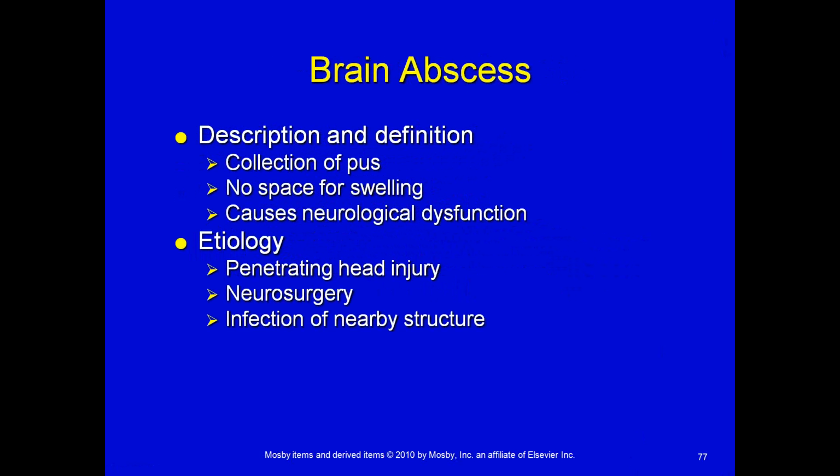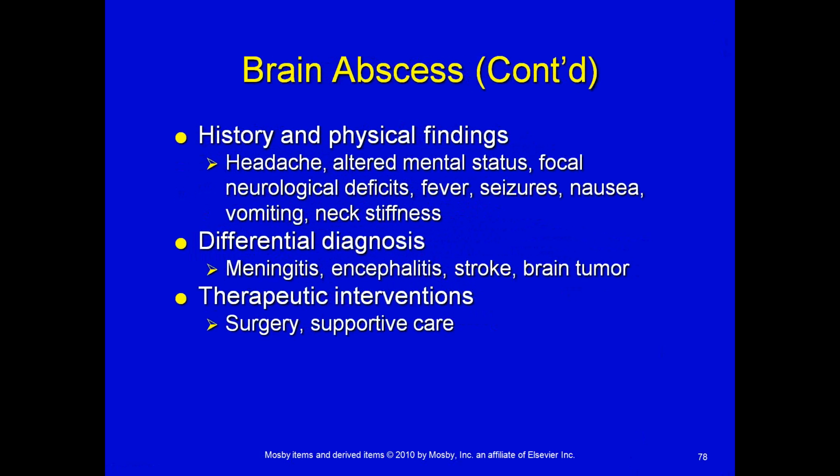The etiology of brain abscesses certainly can come from penetrating head injuries, neurosurgery, or what's interesting is that if a person has had an infection of the sinuses, that can actually get into the brain and cause a brain abscess. So an infection of any nearby structure could also, weeks later, lead to some sort of brain abscess.